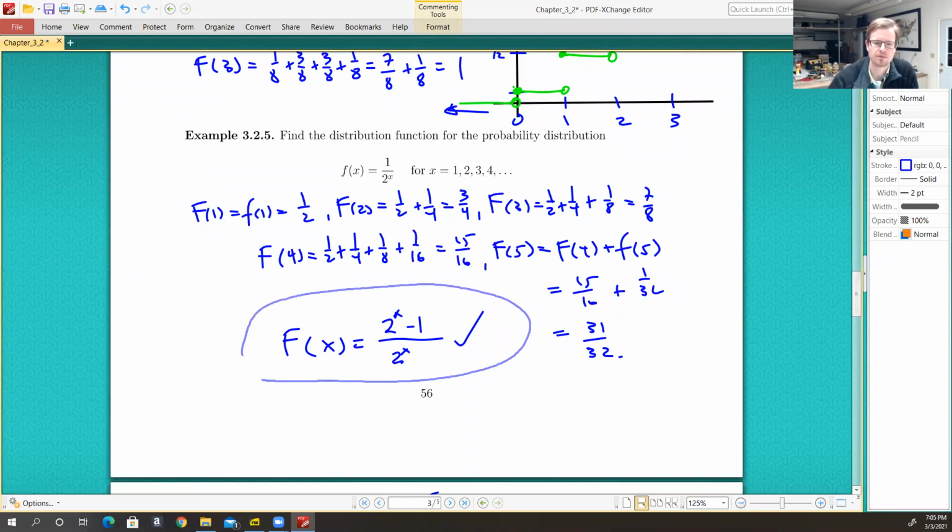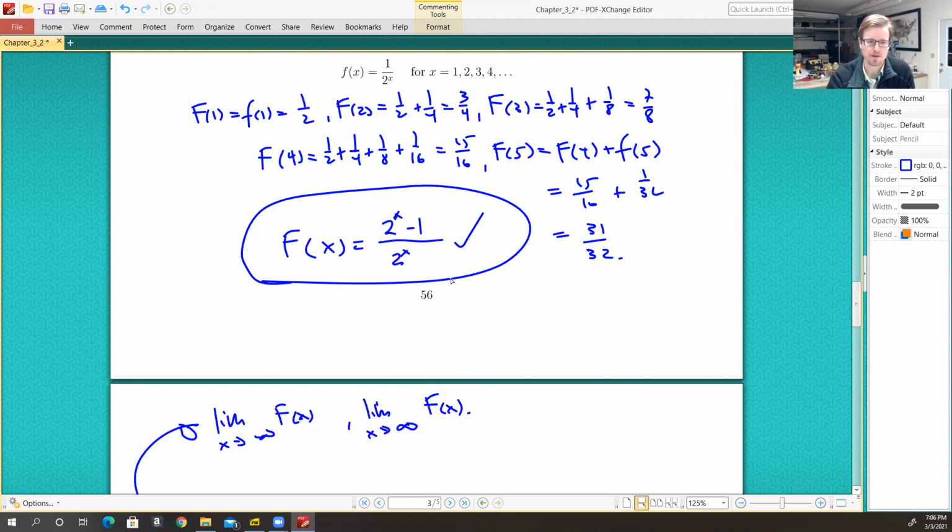This is our distribution function. We want to observe that it is an increasing function, and we want to observe what the limits are. One important thing to note here is that for x less than 1, F of x is equal to 0.